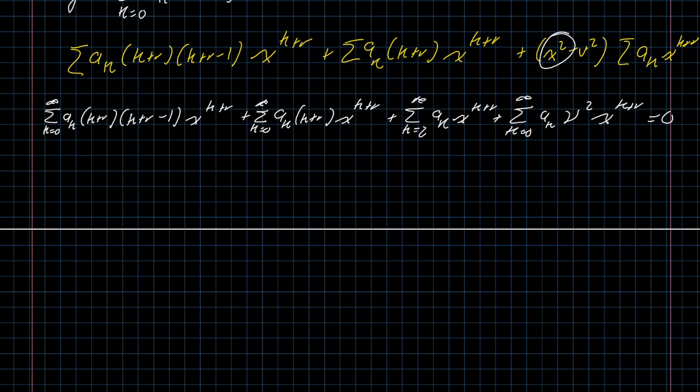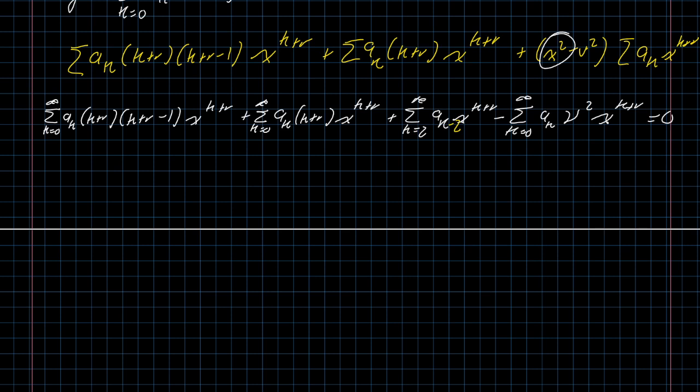I'm going to stop being lazy. But then when I multiply, I just realized that I wrote a plus where there should have been a minus here. But then when I multiply out, x squared times the summation would give me x to the k plus r plus 2. And I don't want to deal with that plus 2. So I'll just start at 2 and subtract 2 from the index of my coefficient.